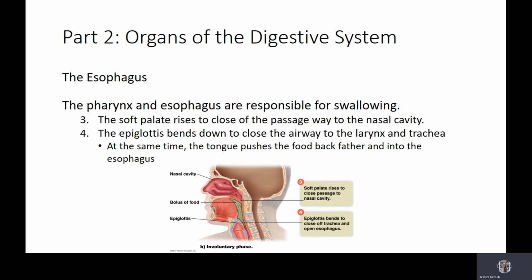Again, this is why it's important not to talk while you're swallowing or eating food, because that will actually open up the larynx and open up the epiglottis, and that could lead to food going down the wrong pipe and that would not be a good thing.